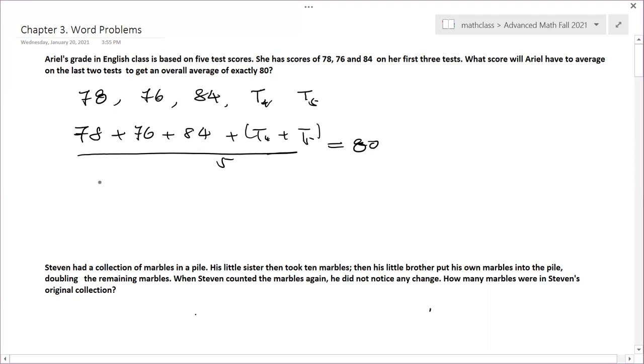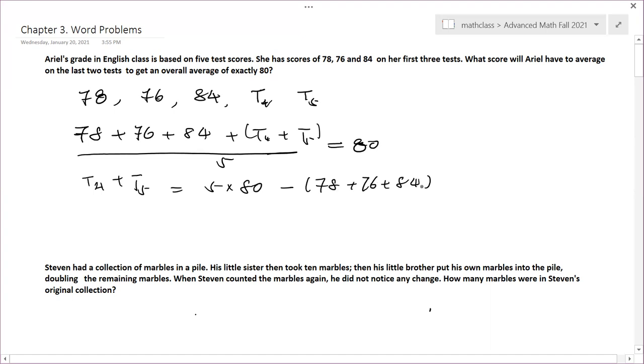So what you do is T4 plus T5 is going to be 5 times 80, but you have to subtract the other 3 numbers, so minus 78, minus 76, minus 84.